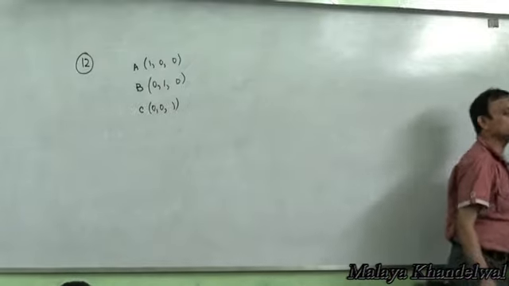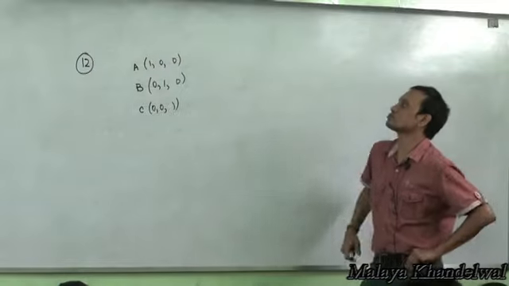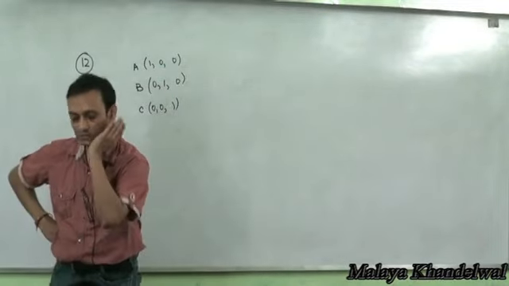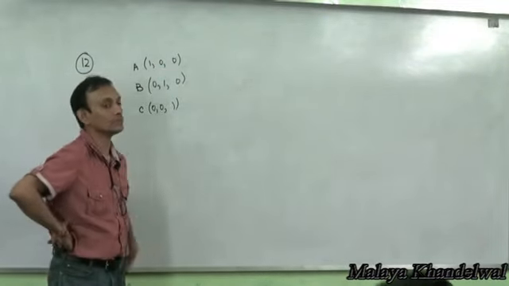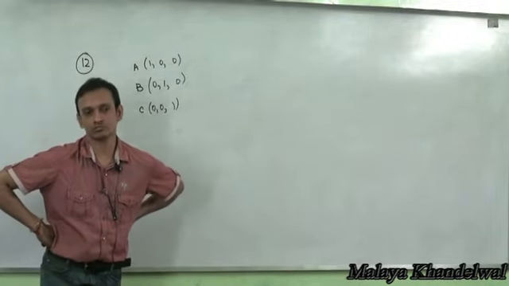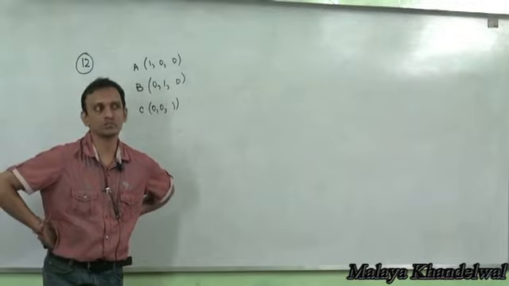Now, what we are seeking is a sphere passing through A, B and C, and of the smallest possible radius. Smallest possible radius.